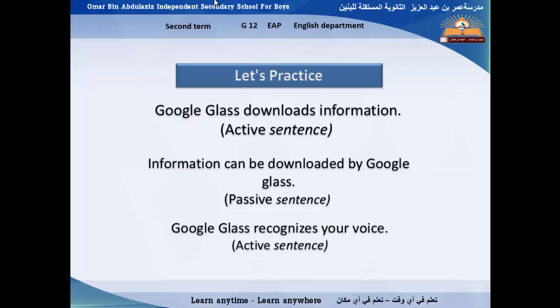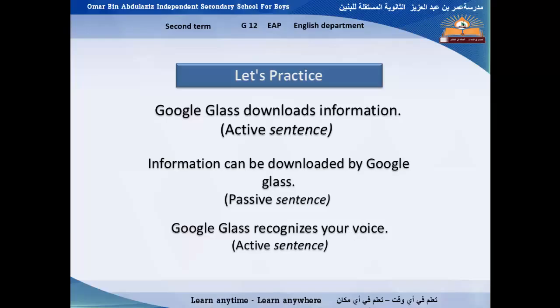Another example. When we say Google Glass recognizes your voice, this is another active sentence because the subject of the sentence is Google Glass. If we want to get the passive voice of the sentence, we have to start with the object. So where is the object in this sentence? It's your voice, the thing that is recognized.